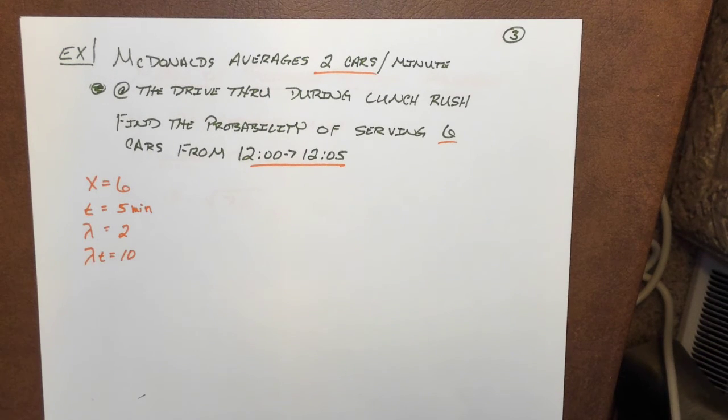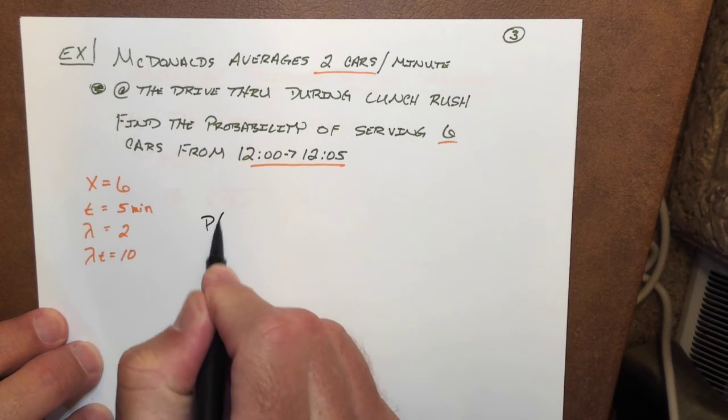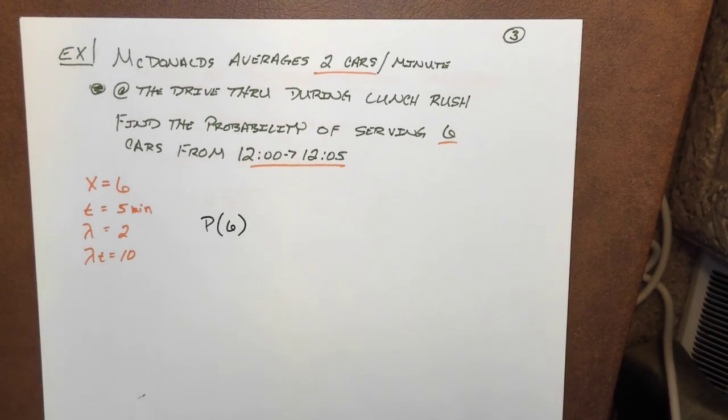And I'm pretty sure most of you are going to jump to this and not fill out the formula and just tell me that the probability of 6 cars being served in that 5-minute span, when I go to the Poisson calculator, in place of x, we put a 6. In place of average rate of success, in this case, we got a 10.